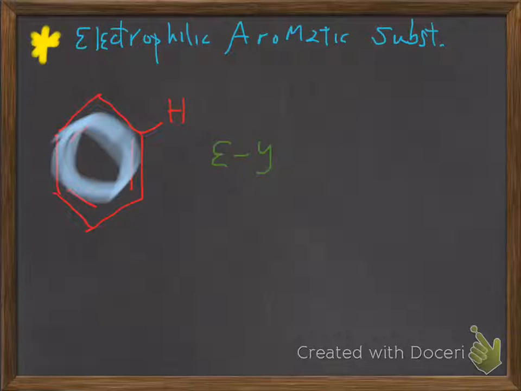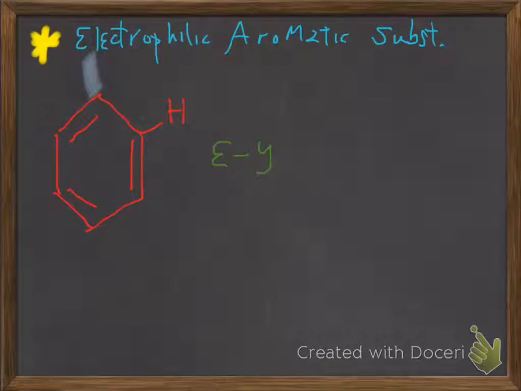Okay, now for clarity's sake, this is benzene, and so it's actually got 6 hydrogens hanging off of it, but I've only drawn one in for clarity so that it doesn't get too cluttered. We'll talk later on about what happens if there's more than one, if there are other substituents hanging off of it. But right now we're only looking at benzene.